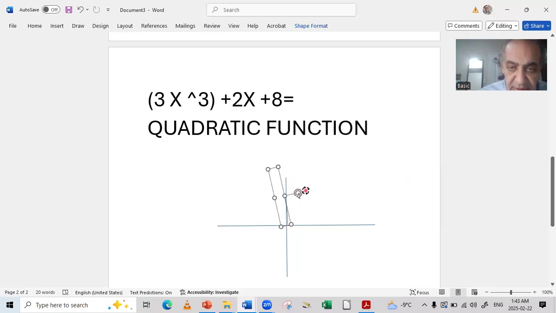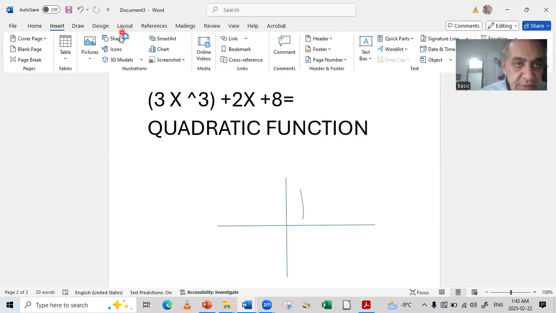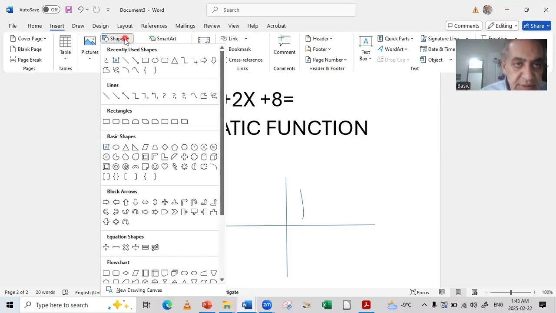There is a part of the curve. And I will move this curve here. Then another part of the curve will be there. Insert shapes. Now we'll take another part of the curve, or do some figure like a curve.